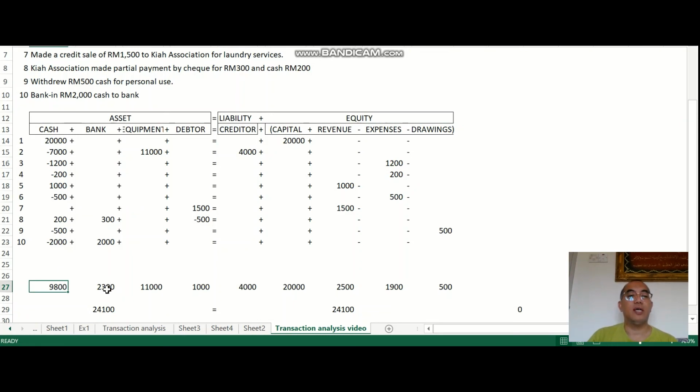And bank, I have 2,300. So I add all of this, I get 24,100. And I take my liability and equity, I add them together, so I still get 24,100. So it's balanced on both sides, so the answer is correct.